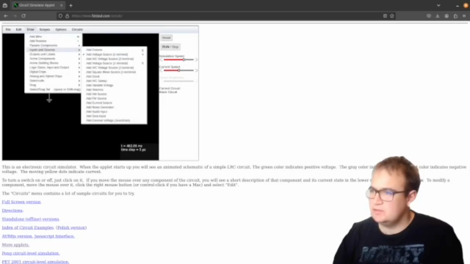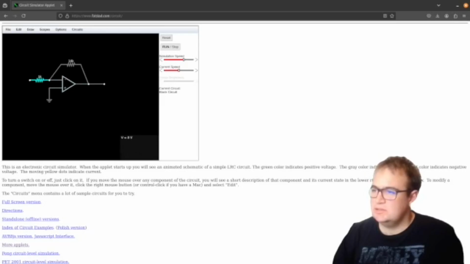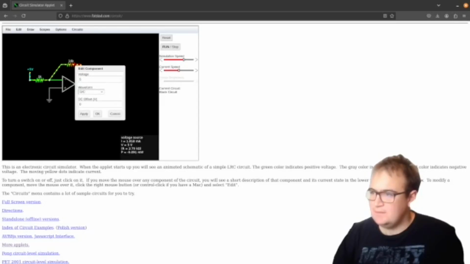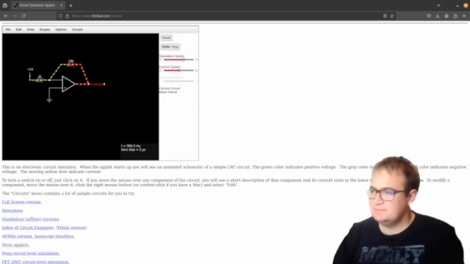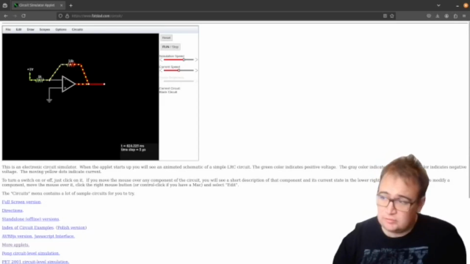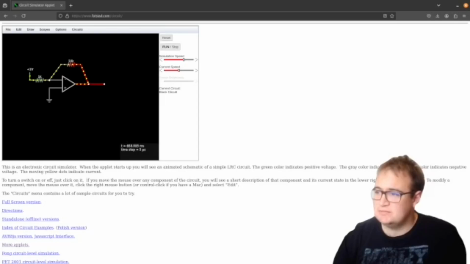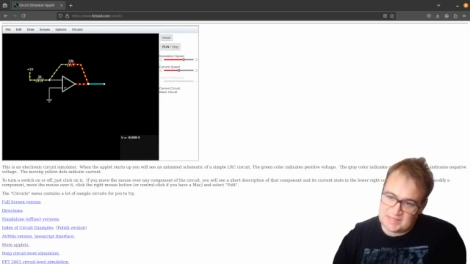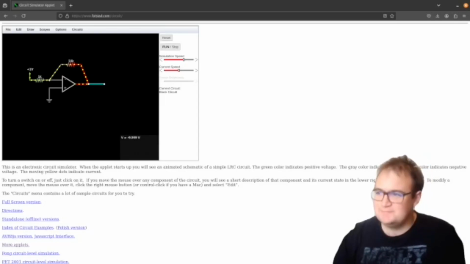Let's just do a 1-terminal voltage source right there. Edit. We'll go with 1. Okay, so, based on what I just told you, we should be expecting minus 10 volts at this output, right? Let's see what we got. Minus 9.99. So pretty close.